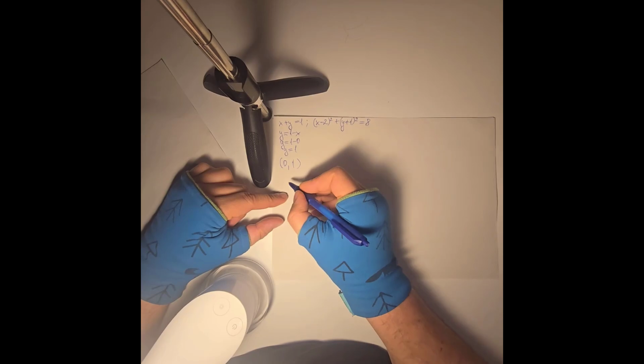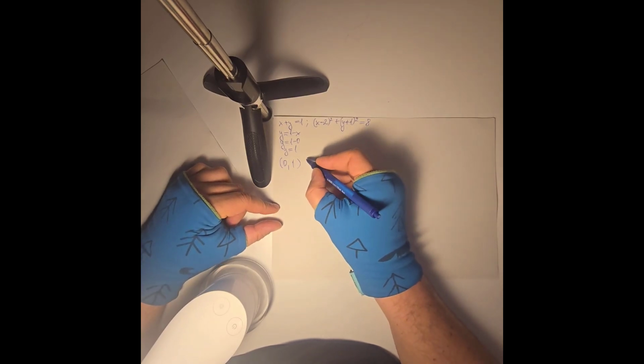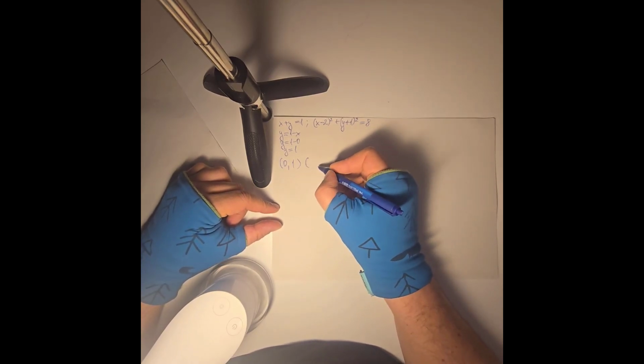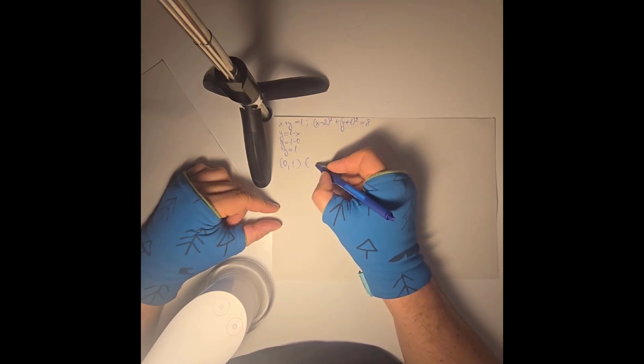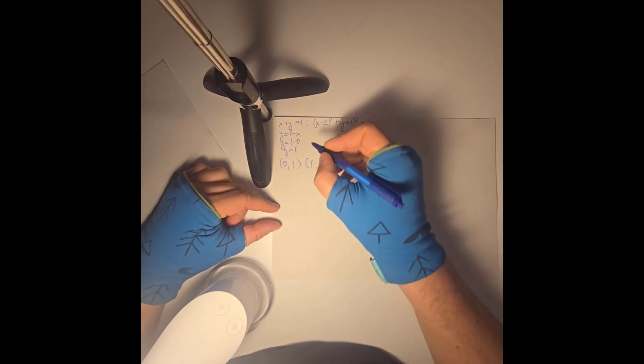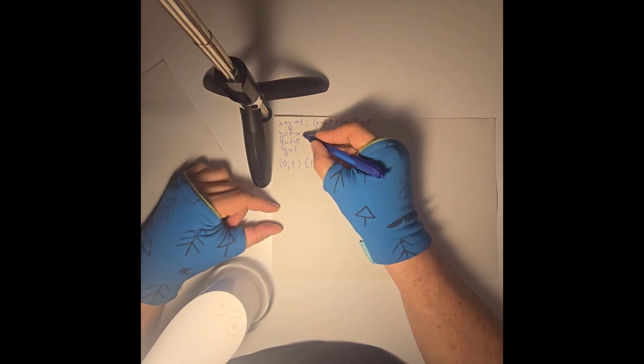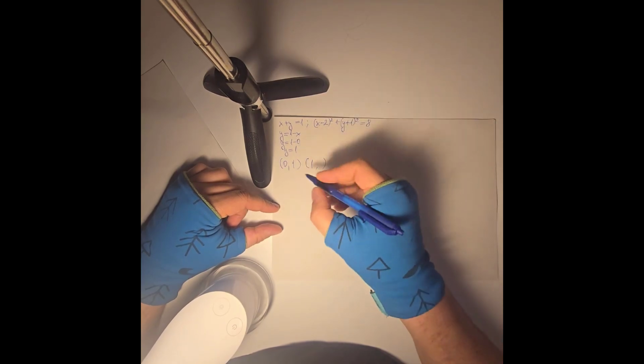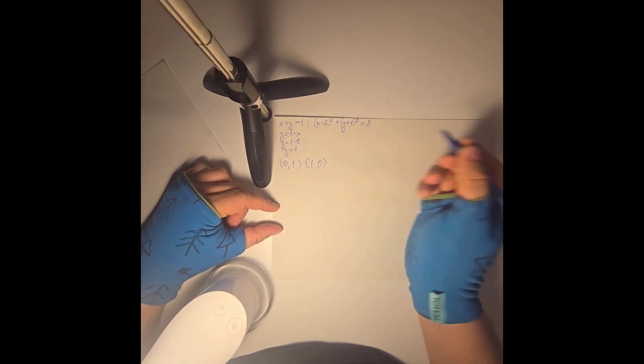And let's take another point where x is 1. How much is y? y equals 1 minus 1, so y equals 0. As simple as that.